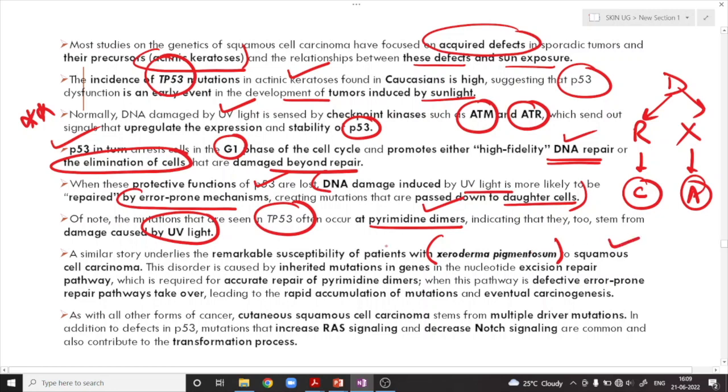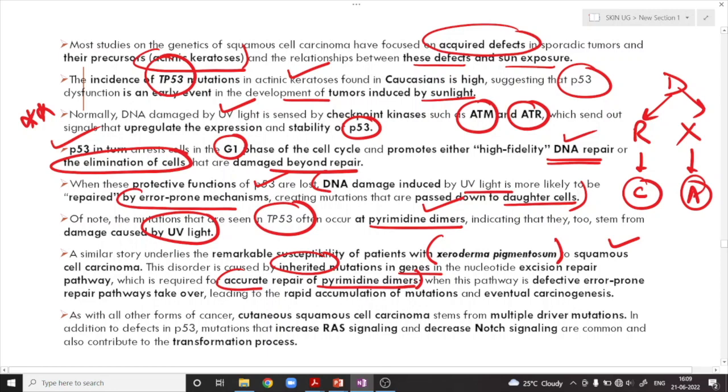Now over here, the disorder occurs because of inherited mutations in the genes which are responsible for the nucleotide excision repair pathway. Okay, now this particular repair pathway is very important for repairing the mutations occurring at the pyrimidine dimers.